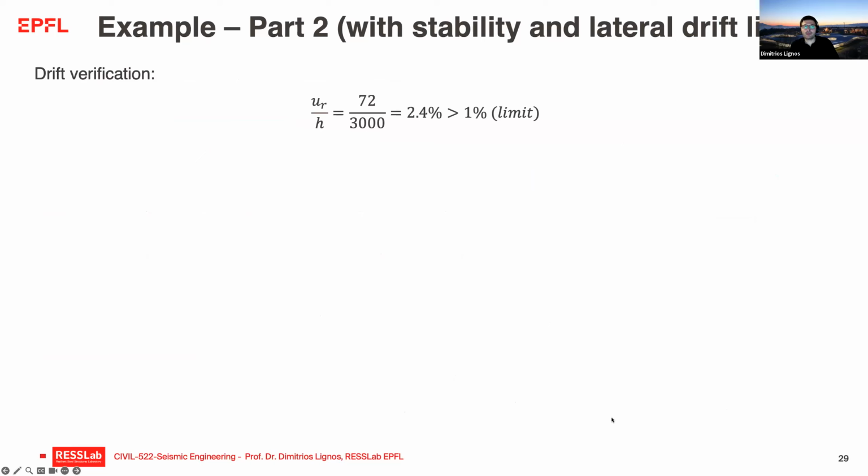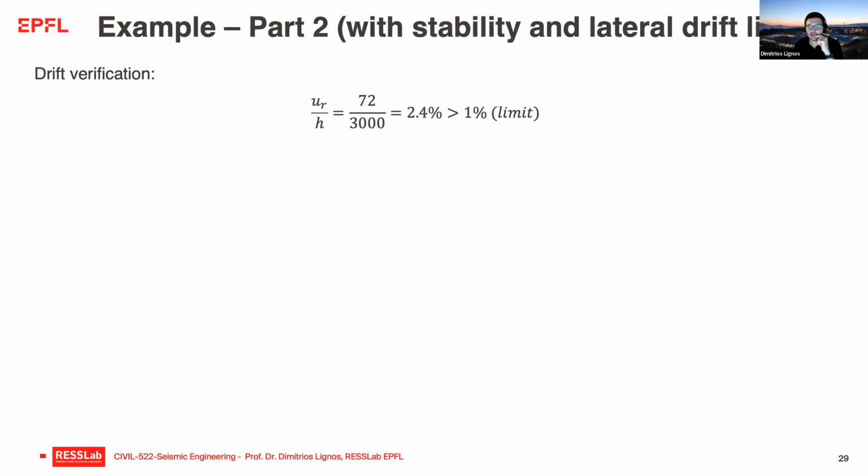Moreover, if I do the drift verification, simply by dividing UR with the story height, I have 72 divided by 3,000. This corresponds to 2.4%, which is larger than the 1% allowable drift limit that I was given in the problem.